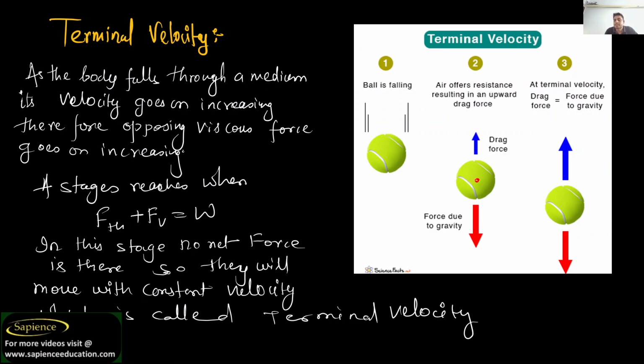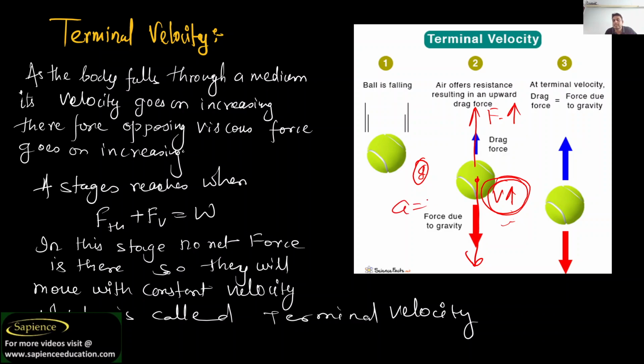Here, force due to gravity is acting downward, and drag force or viscous force is acting upward. Viscous force is increasing because, due to acceleration due to gravity, velocity is increasing. But a time will come where the viscous force will stop increasing.